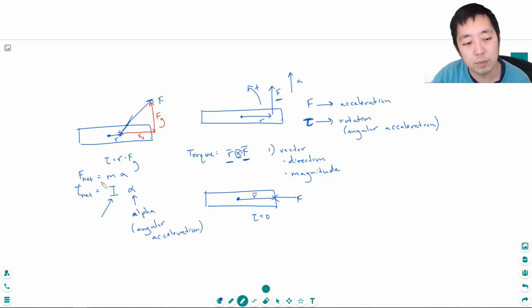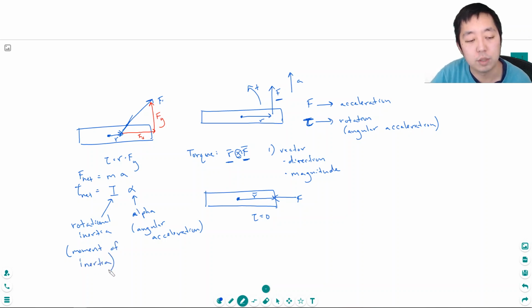I is kind of analogous to mass. We call this rotational inertia. That's how it's referred to in AP Physics 1. Sometimes it's also called moment of inertia. That's another term for it. Okay, but they mean the same thing.